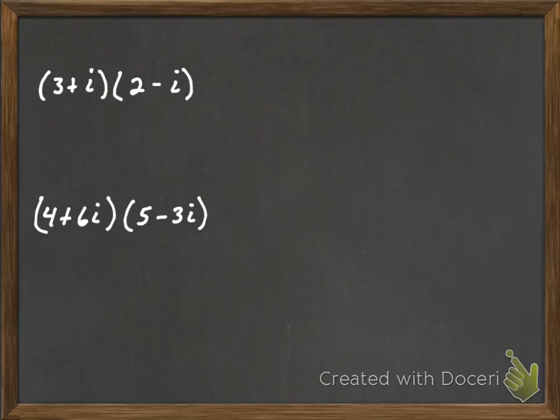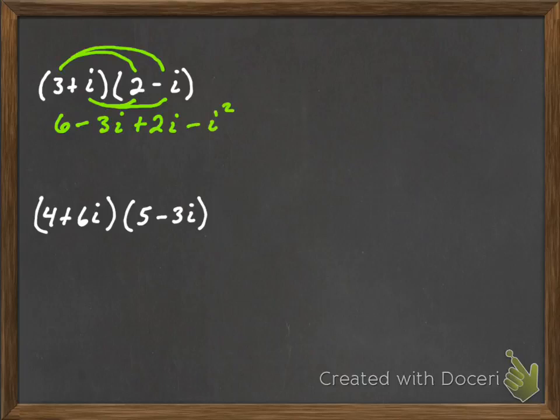And when you have a binomial multiplied by a binomial and we have i's in here, we treat it basically the same way. 3 times 2 is 6. 3 times negative i is negative 3i. i times 2, positive 2i. And then i times negative i is negative i squared.